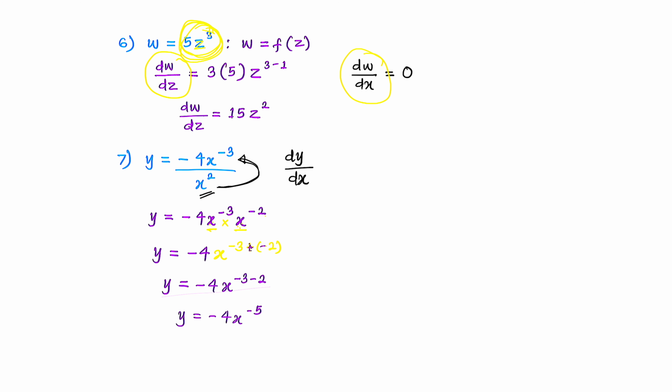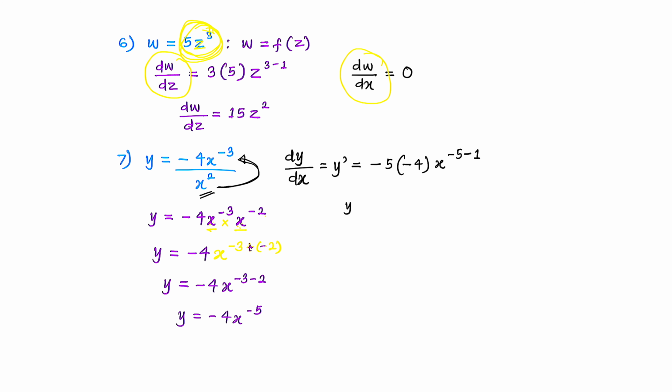Taking the derivative, dy/dx or y prime equals, bring the power down, negative 5, multiply it with the existing coefficient, which is negative 4, write the variable back, which is x, subtract 1 from the power, which is minus 1, minus 5 minus 1.